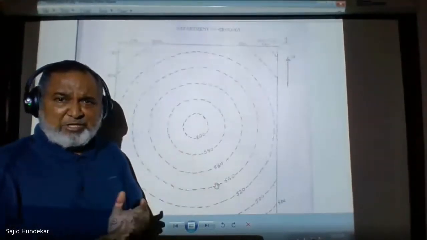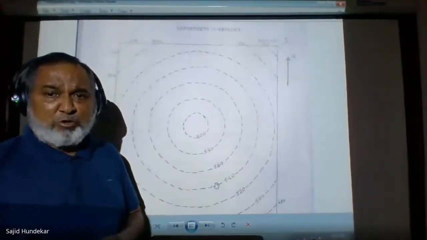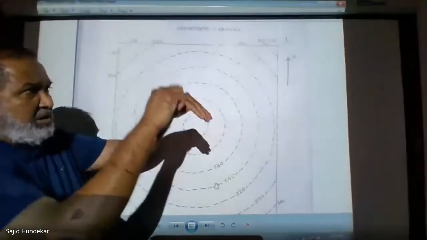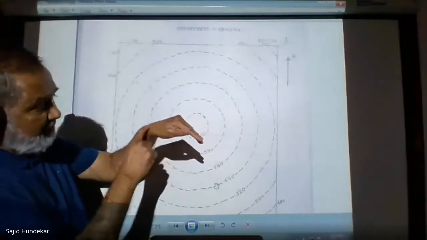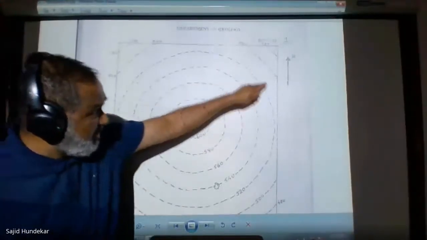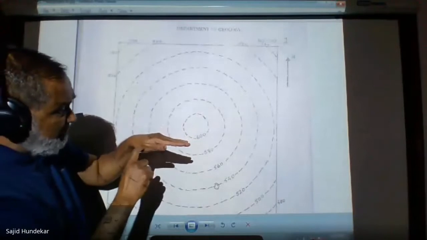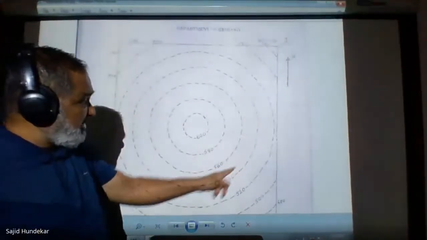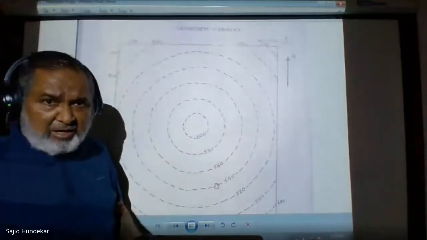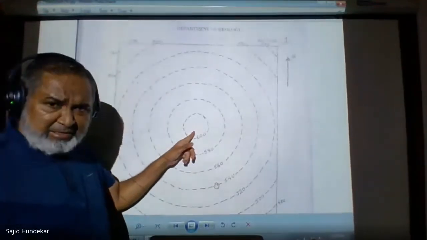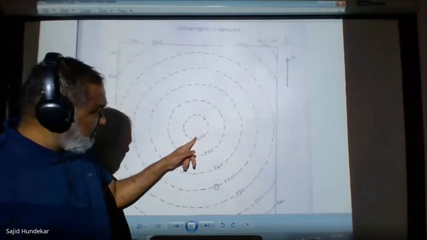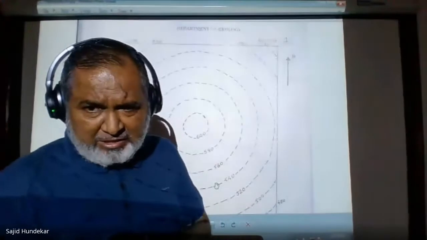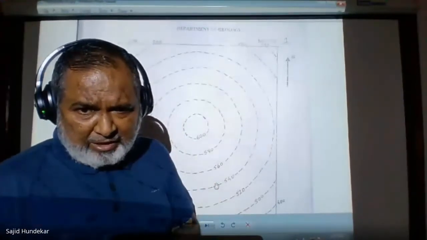A topographic feature like this, where the center is elevated, is called a hill. The surrounding is lower, so at the surrounding we get the minimum value and at the center the highest value. This is called an isolated hill, where the center has the highest point of 600 meters and at the periphery it is 480. Is it clear now? Understood, everyone?